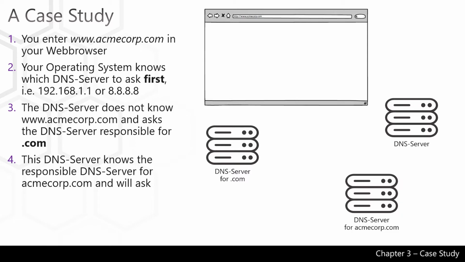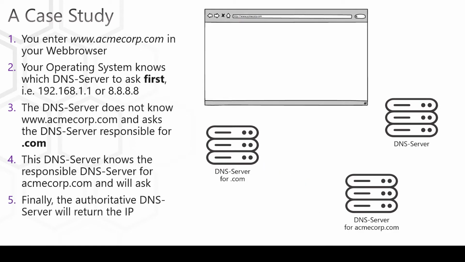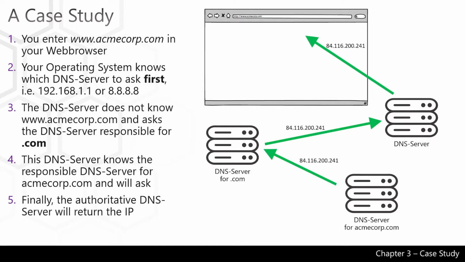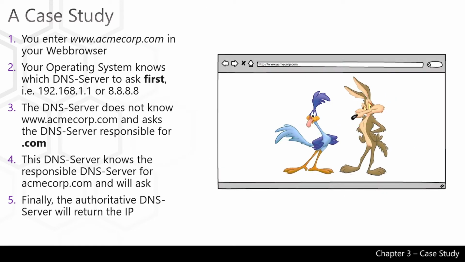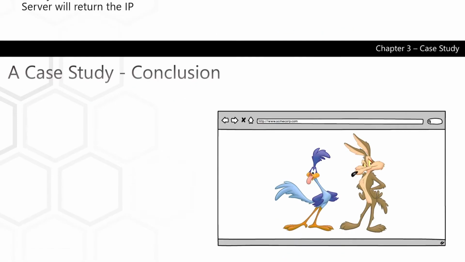So it will ask the DNS server for acmecorp.com, give me the IP for www.acmecorp.com. And this DNS server will then finally return the IP address. And the web browser will ask the web server on this IP address to provide the data for the web page. So, as you can see, there's a lot going on in the background when you're accessing a web page.